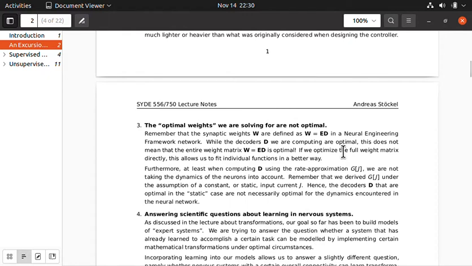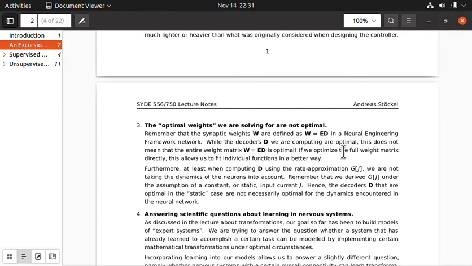There's also the issue that when we say we're solving for the optimal weights, we are solving for the optimal weights under a couple of assumptions. One of those assumptions is that we're solving for the optimal decoders, but those optimal decoders are dependent on our encoders. So it might be that there's a better set of encoders for this particular task.